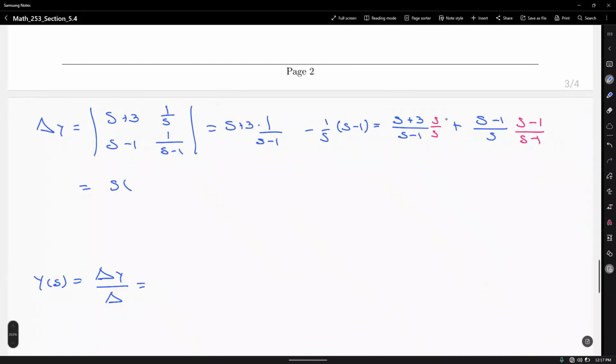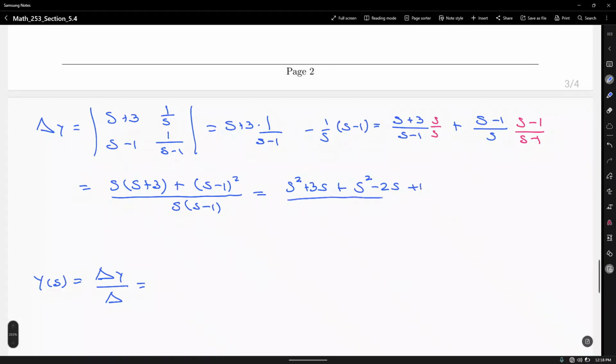That's going to leave us with the product s times s plus 3 plus s minus 1 times itself, which is s minus 1 quantity squared, everything divided by s times s minus 1. So distributing, that's s squared plus 3s, and plus, I'm going to square the binomial, that's s squared minus 2s plus 1, everything still divided by s times s minus 1.